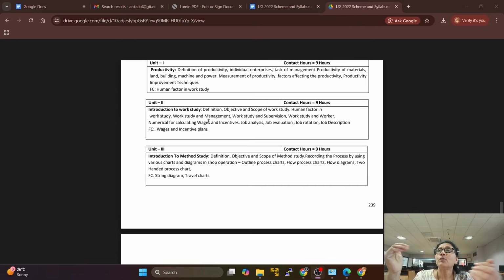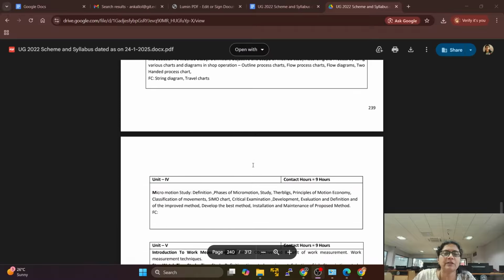That is method study. If you improve the method of doing the job, it may consume less time, less resources, less energy, less labor, or wastage of material can be reduced. The intention of conducting method study is to reduce all the waste. Various charts and diagrams you are going to learn in the third unit.